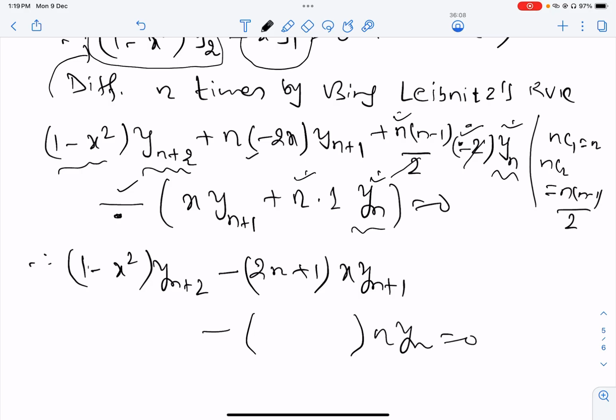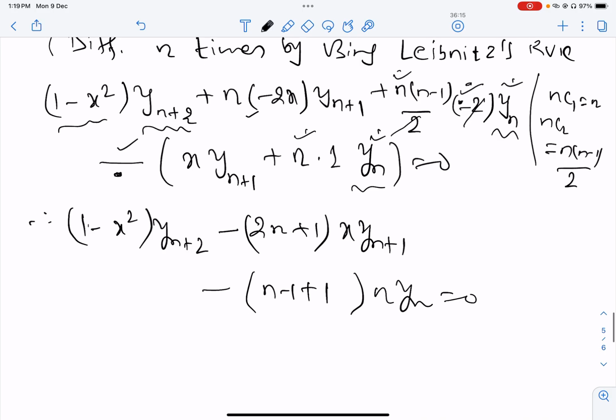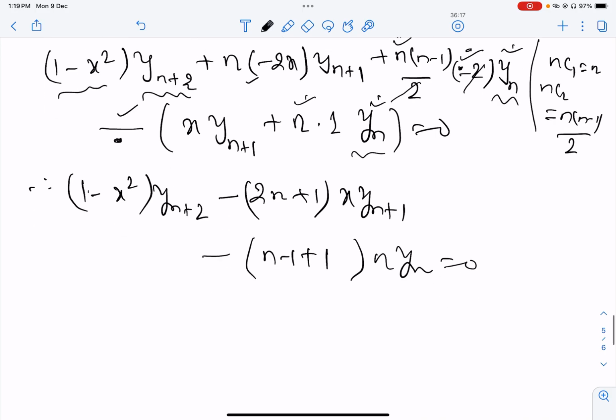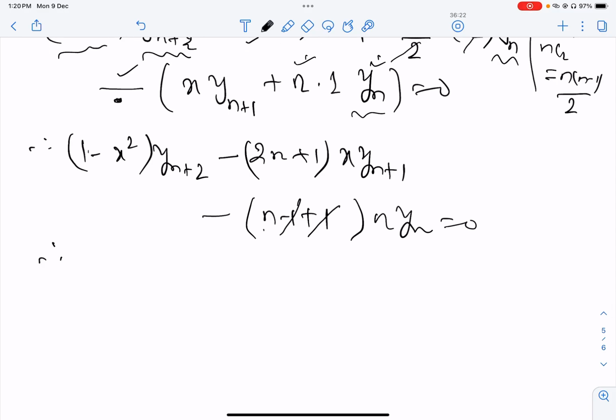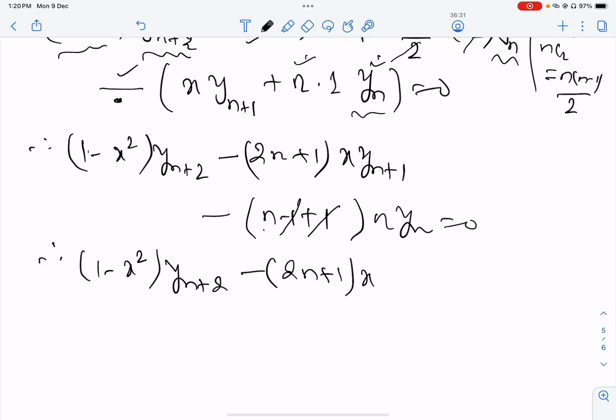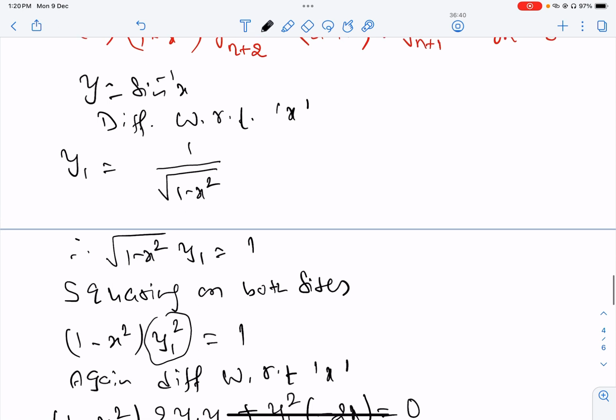Here it is n minus 1, and here it is plus 1, so we have this 1 cancel, n into n, n square. So we have (1 minus x square) yn plus 2, then minus (2n plus 1) x yn plus 1 minus n square yn equal to 0. So that proves 2 also.